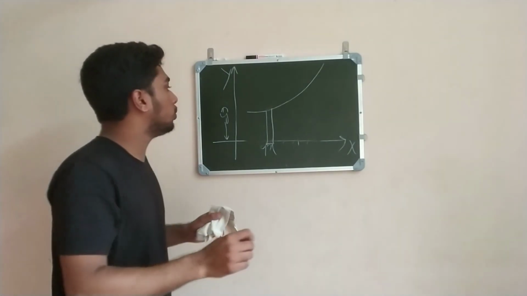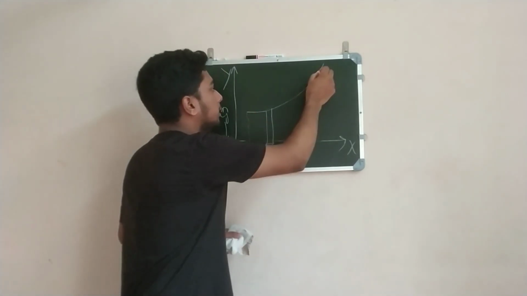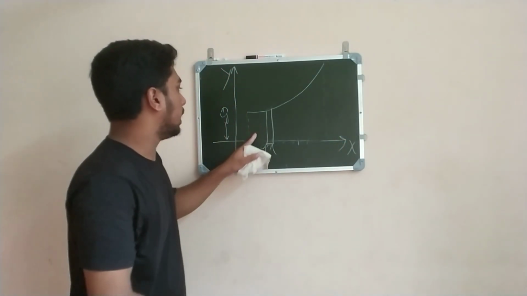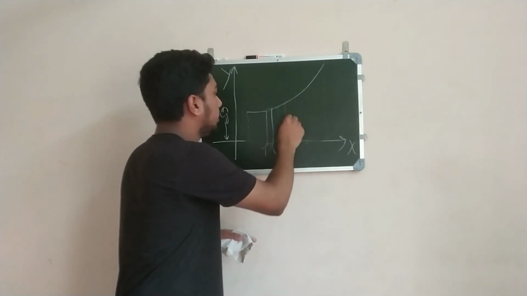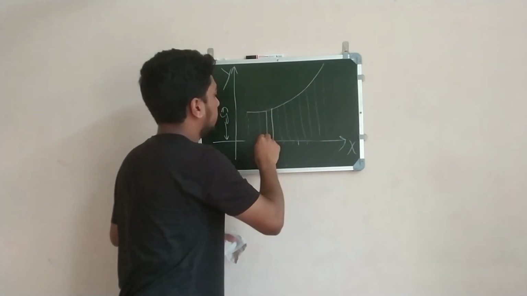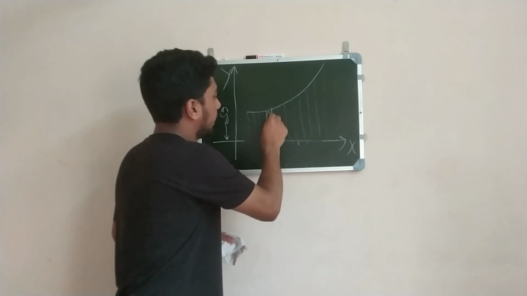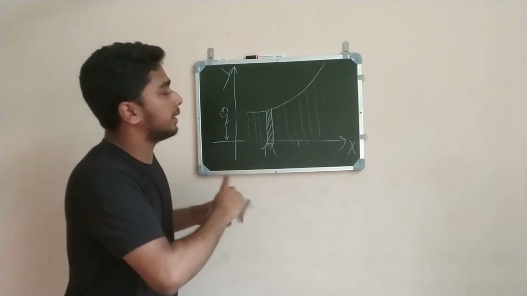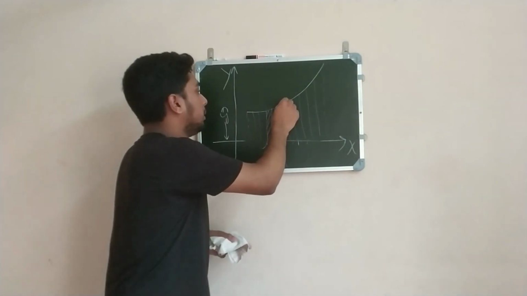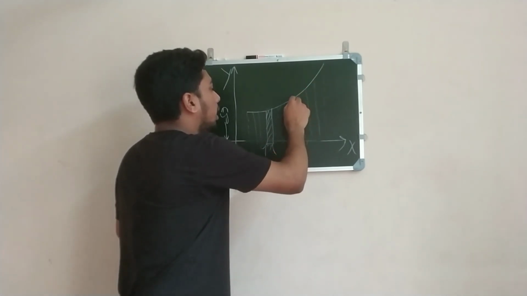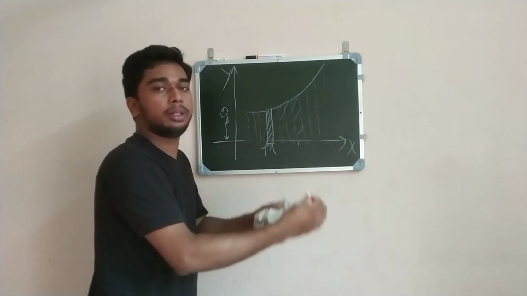Then if I want to find the area under this curve, I will divide this curve infinitesimally. Then I will take an element dx, then I will integrate. All the elements I will join together.